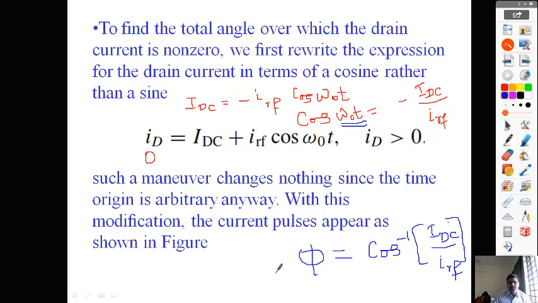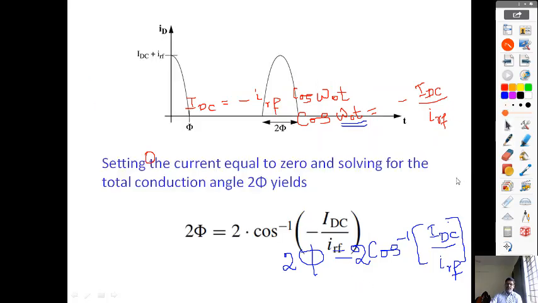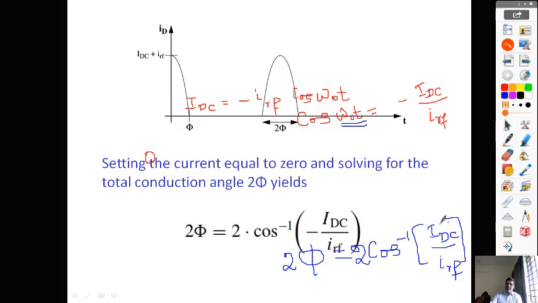My total angle is 2 phi, therefore we multiply by 2 on both sides. So 2 phi equals 2 cos inverse of minus IDC by IRF. The negative sign will be there. Anyway, cos of minus theta is cos theta only. If we need, we can put the negative.